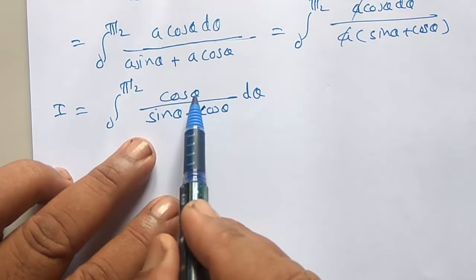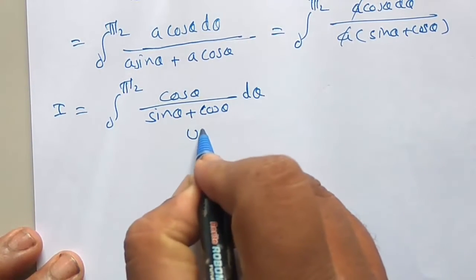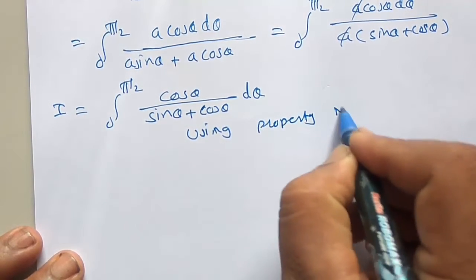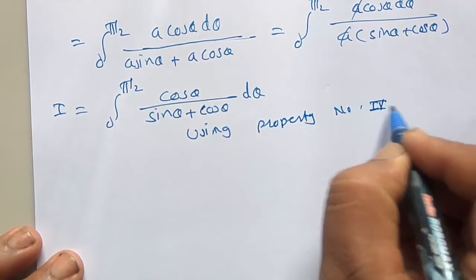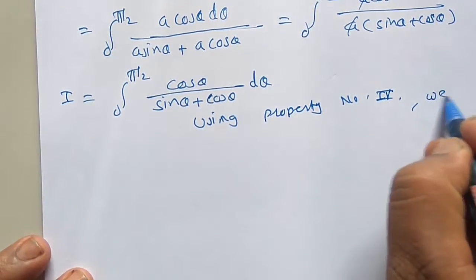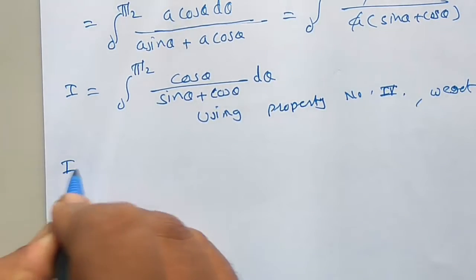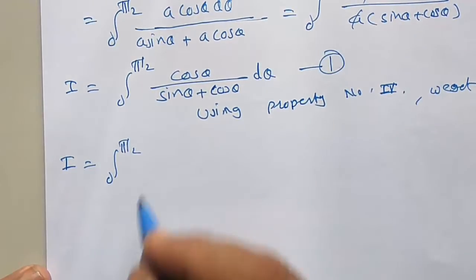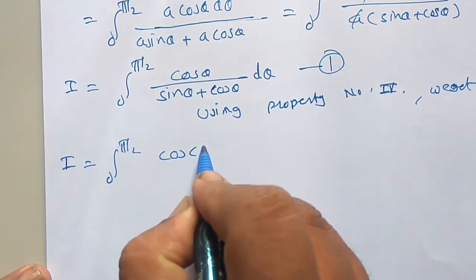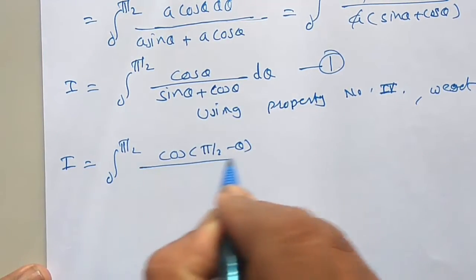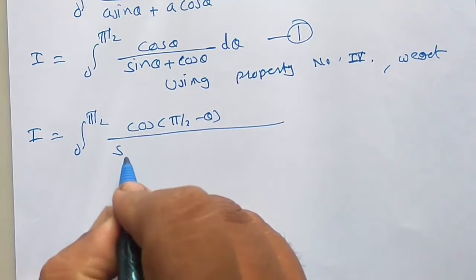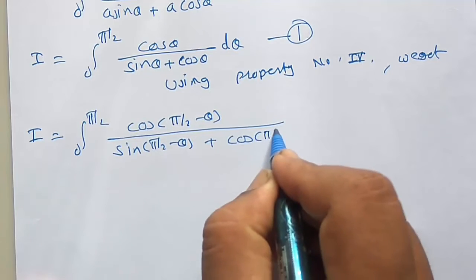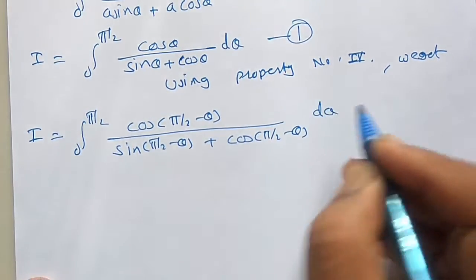The numerator becomes sin theta, and therefore using property number 4, we get I is equal to integration 0 to pi by 2 cos of pi by 2 minus theta upon sin of pi by 2 minus theta plus cos of pi by 2 minus theta d theta.